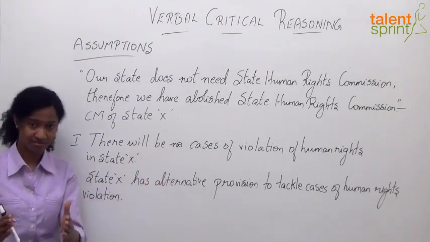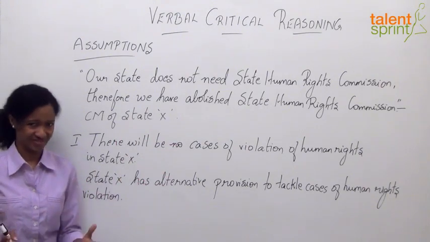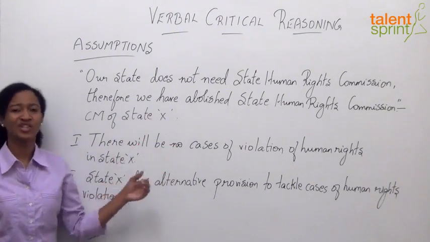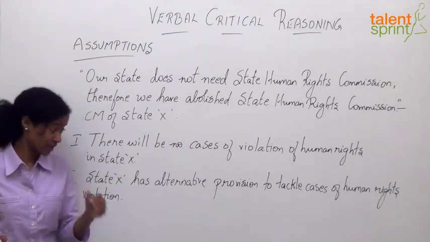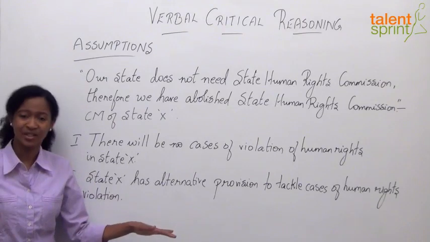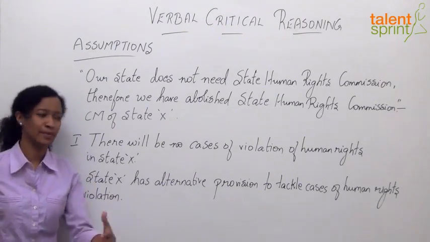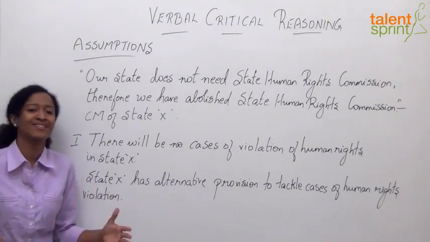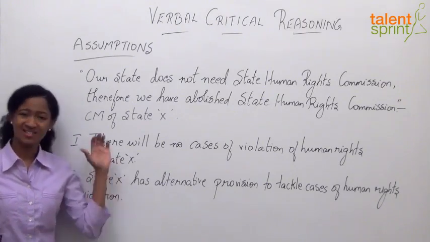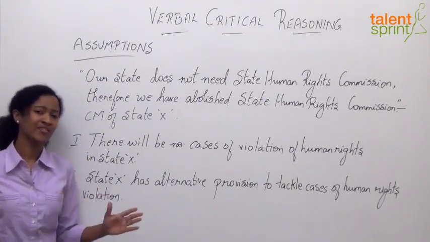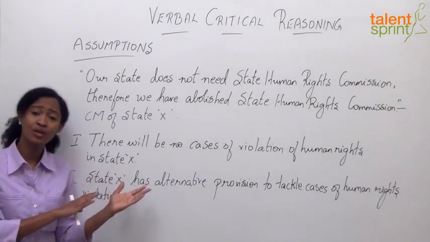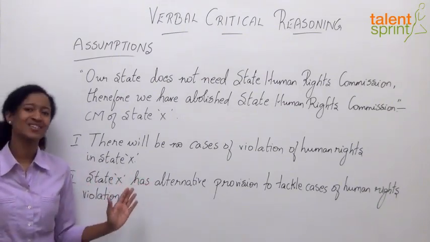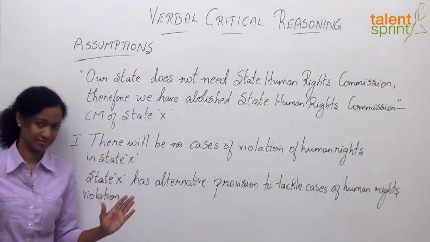But in case, there is always a but and an if. And when they are making a decision like this, they will consider the cons as well. We are assuming that, right? So assuming that in case there is something like that, I'm sure they have a backup measure and an alternative provision to tackle such cases. So in this scenario, I can safely go ahead and say, either assumption 1 or assumption 2 is understood from this statement, right?